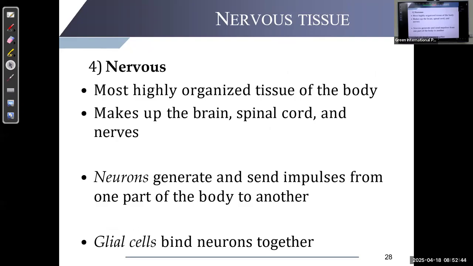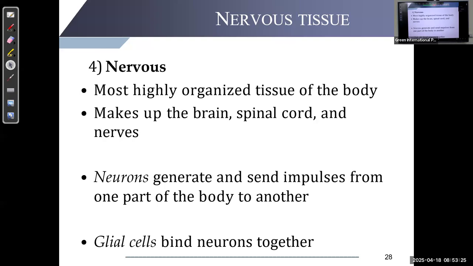Then nervous. What's nervous? Nerves. So highly organized tissue. It spreads throughout the body, supplying stimuli, impulses, signals. It signals throughout the body for all the functions. It makes up brain, spinal cord, and nerves. Then neurons.